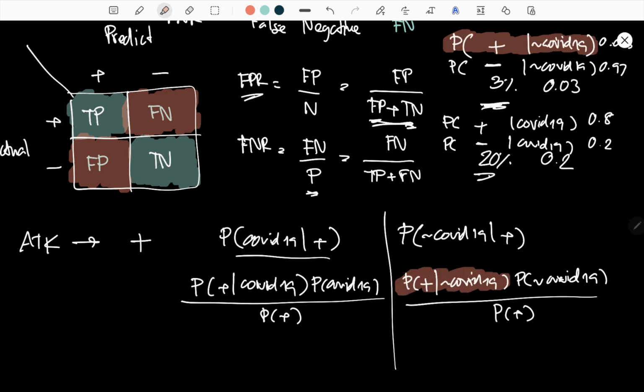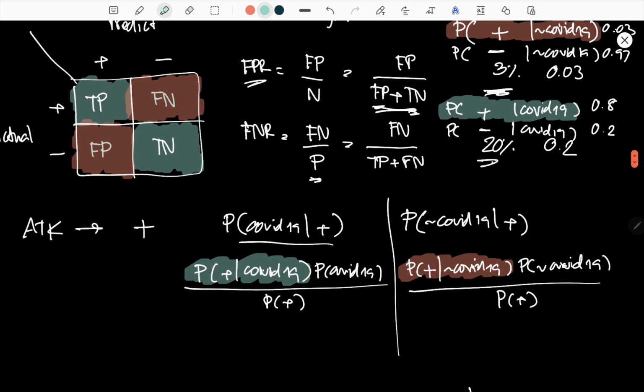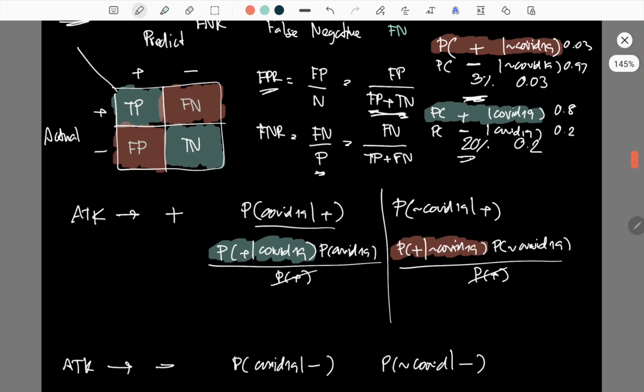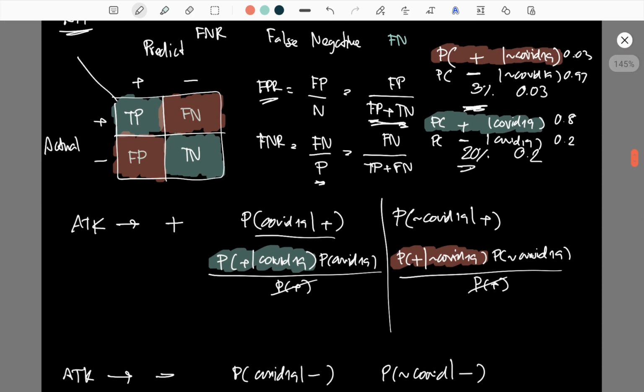Okay, and this part is here. So we don't need to calculate the probability of positive because they are the same, right? So we can remove it.